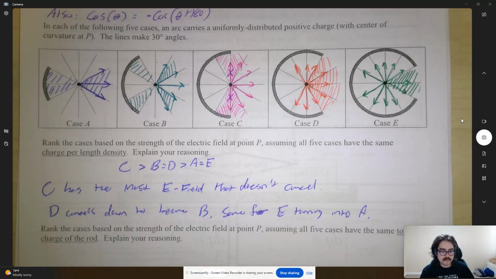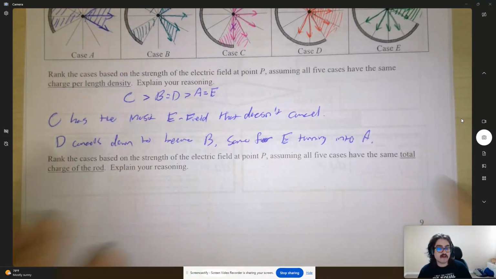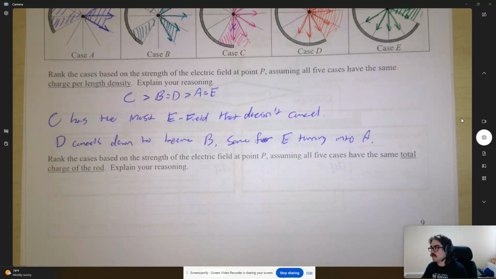Now, for the second part, you do have to read it carefully. It says the total charge of the rod. If they all have the same total charge, that charge distributes itself throughout the rod. You're going to notice that A has a really large charge density because it's the shortest and it gets the same amount of charge as everybody.